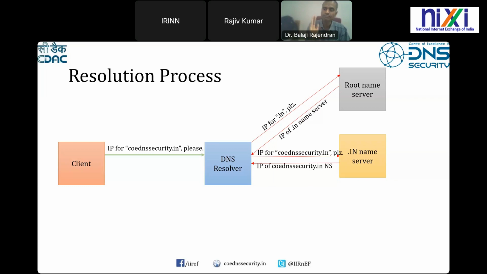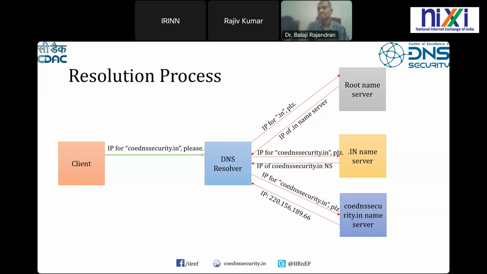It only says who is responsible for coednssecurity.in, and that particular name server's IP address it will give. So now the DNS resolver will go to the coednssecurity.in name server and ask for the IP address for coednssecurity.in, and it will give the IP address, which is further passed from the DNS resolver to the client. Okay, so this is the process which actually happens.